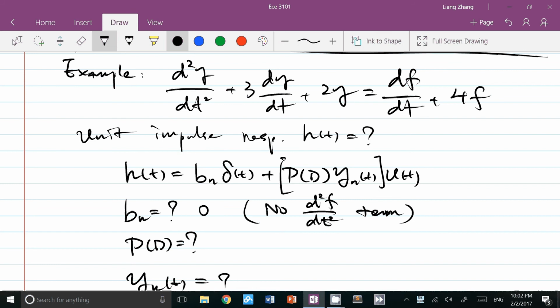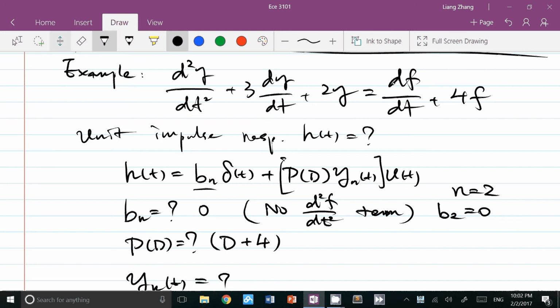So this implies that B2 has to be 0, and since n equals 2 in this example, that means Bn is going to be 0. Second, P(D), we discussed in class, is the polynomial of D on the right hand side. In this case, you have df/dt, that will be the D term, and then you have 4f, so that's constant 4. Okay, so this is P(D).